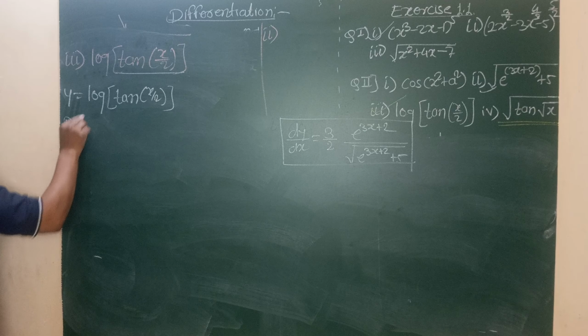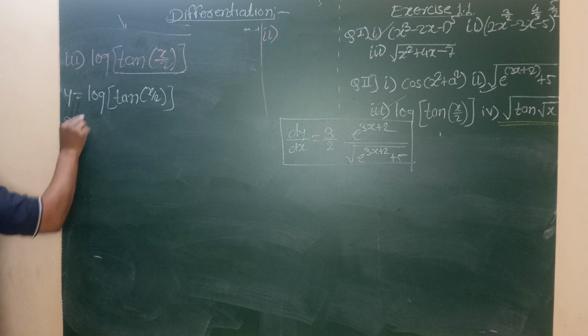We know dy by dx, what is the differentiation of log x? We know that the differentiation of the logarithmic function, d by dx of log x, is equal to 1 upon x.